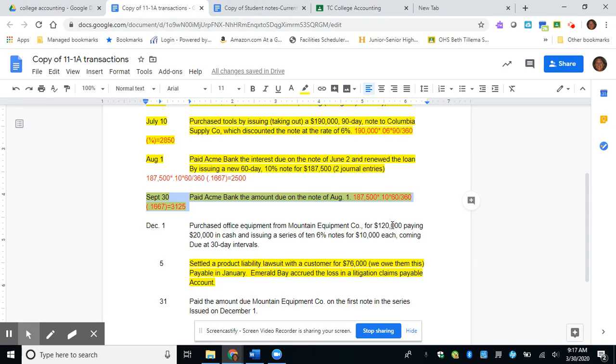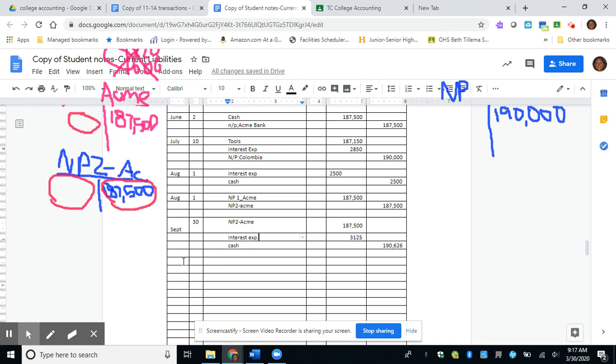This is going to be a compound transaction since I paid $20,000 and I took out notes for $100,000 and I got office equipment for it. So on December 1st, I got office equipment of $120,000.